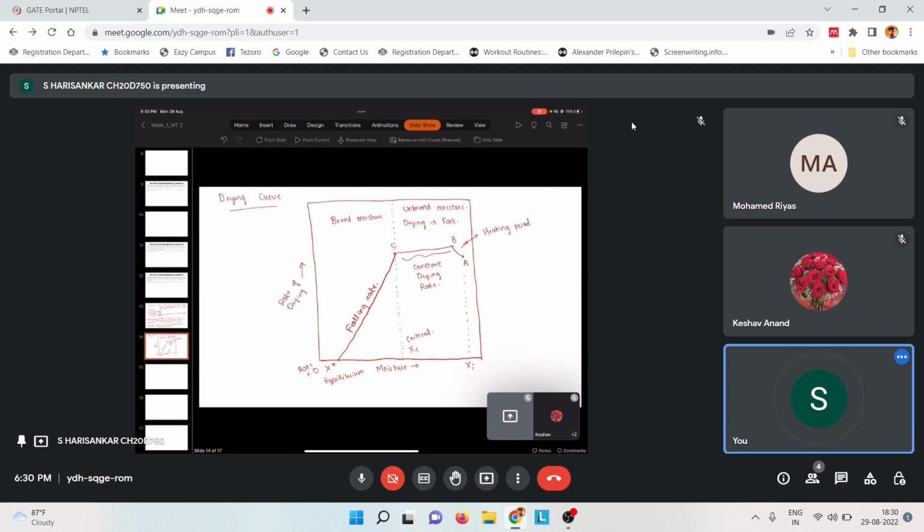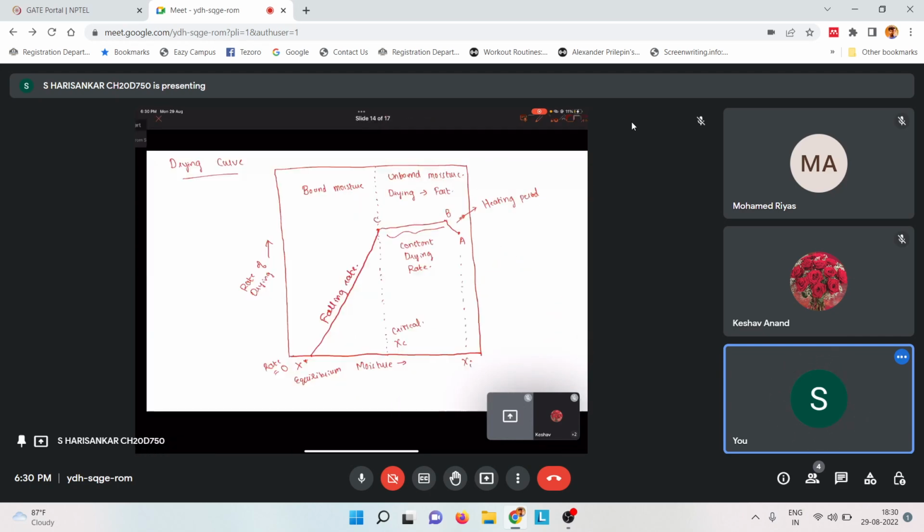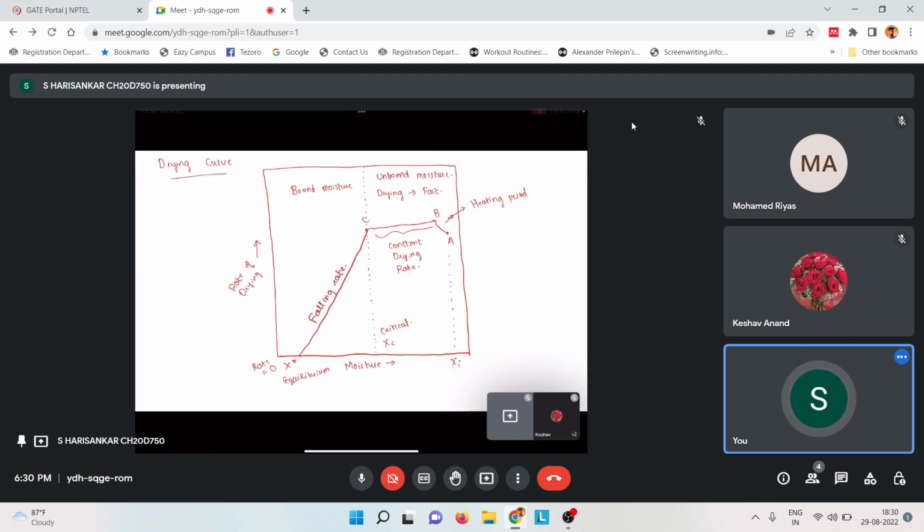So this is the equilibrium moisture. Then the free moisture is basically from here to here.